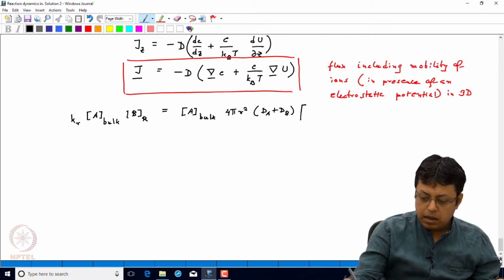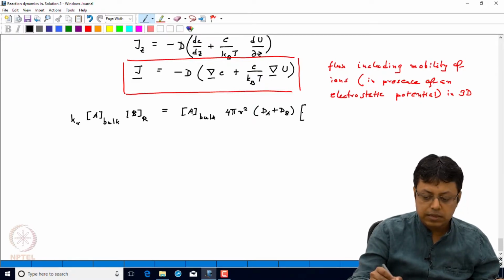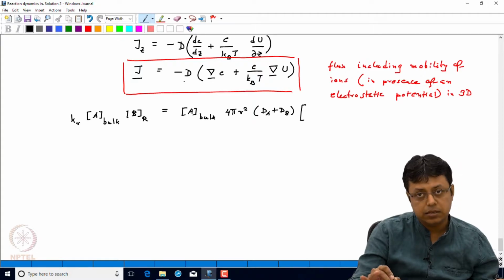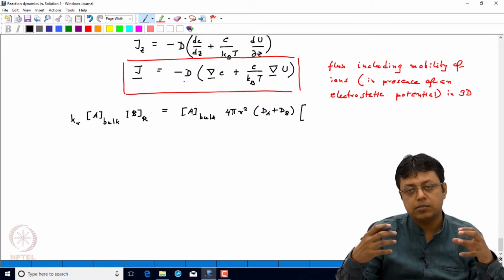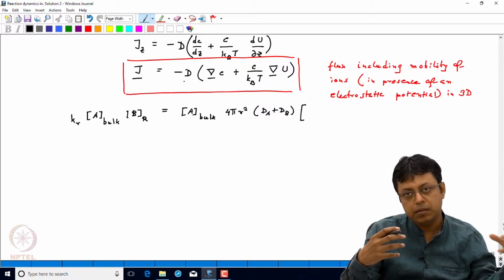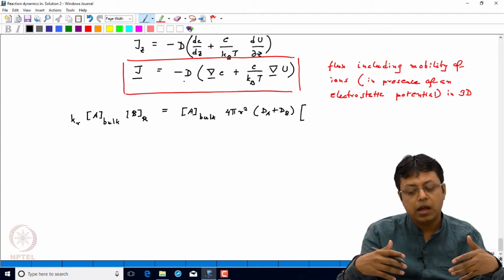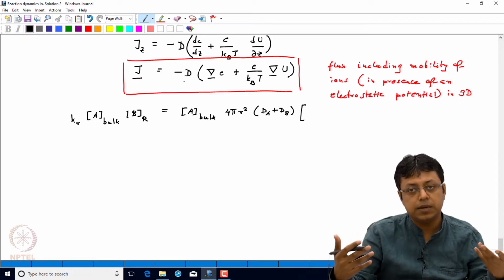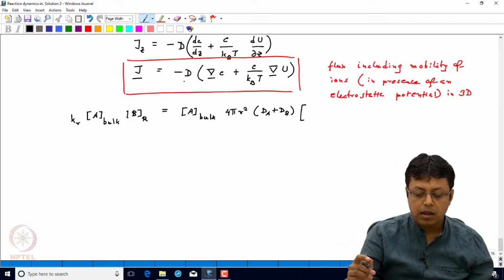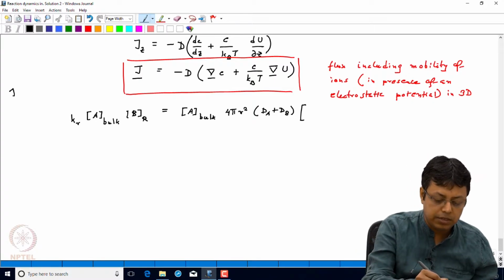Remember this is a generalized D for one species. For two species we know that there will be a net flux because A is moving towards B and B is moving towards A. So instead of D, all the D's will be replaced by dA plus dB, and the flux JAB we are writing as minus of JA plus JB.